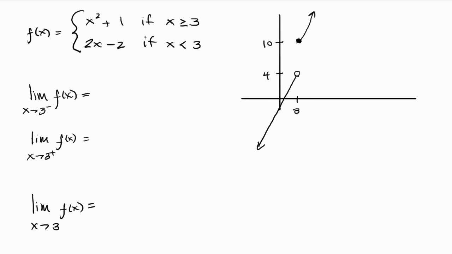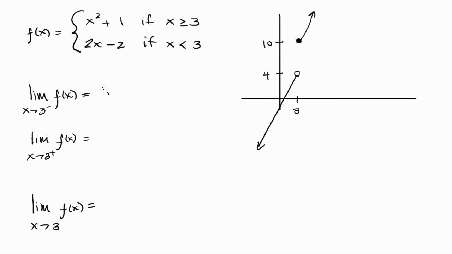As a matter of fact, I'll use a different color. So x coming from the left, well, that means this over here. Now, if we didn't have the graph, we would just look at this and say, coming from the left, they're talking about 3. So we're looking at things less than 3, and here it is, less than 3.